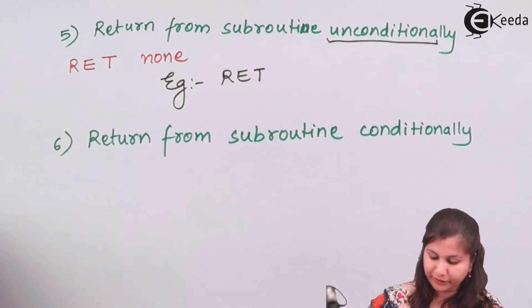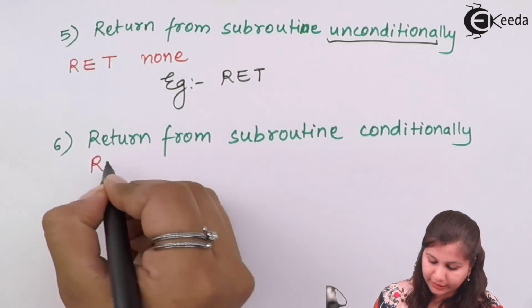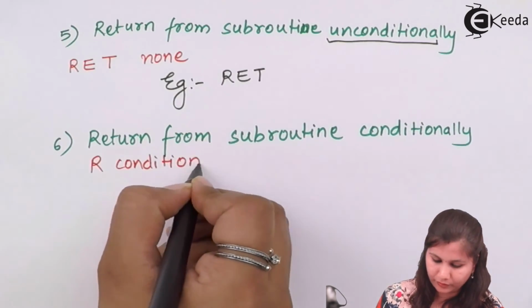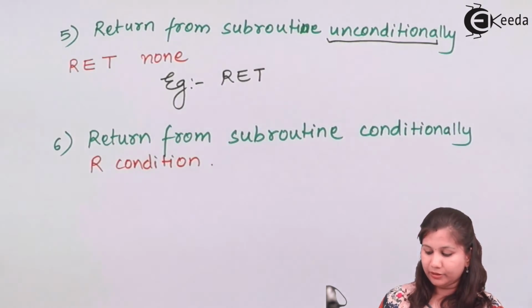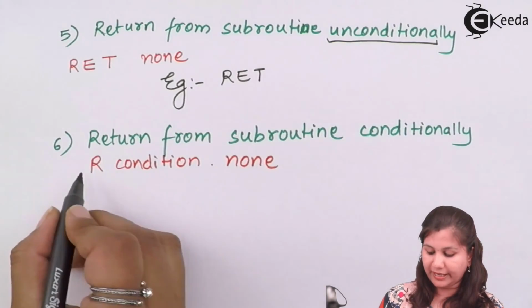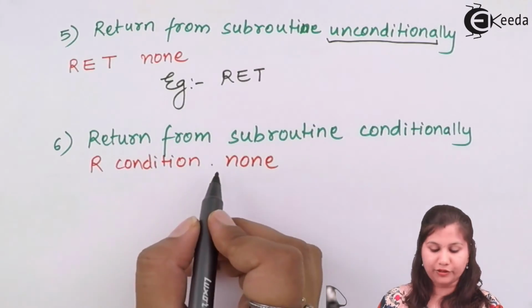So the mnemonic will become R and then the condition, and no operand is specified again, we are just writing the R and the condition.